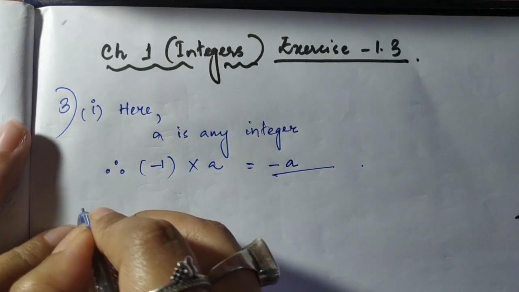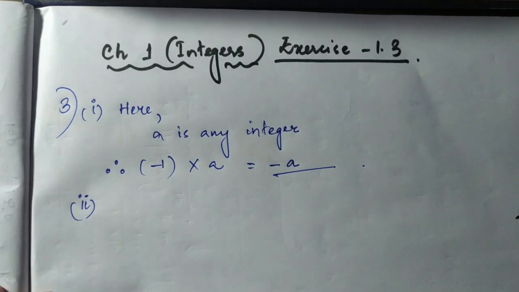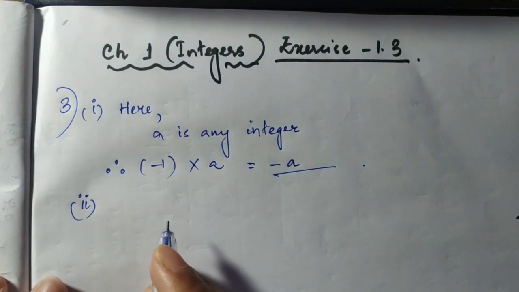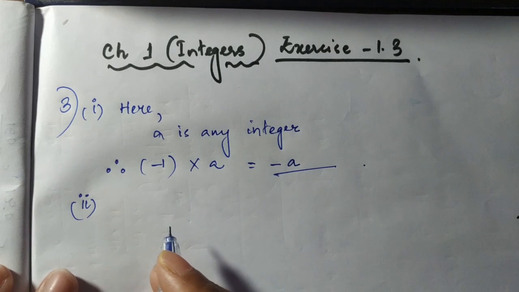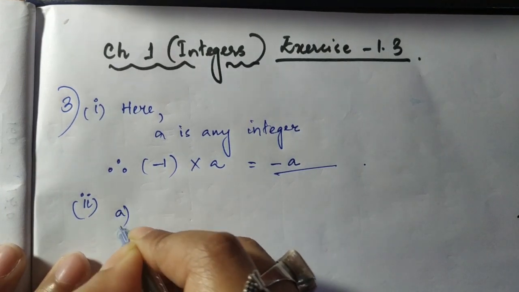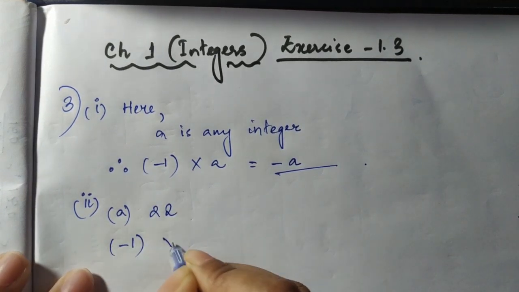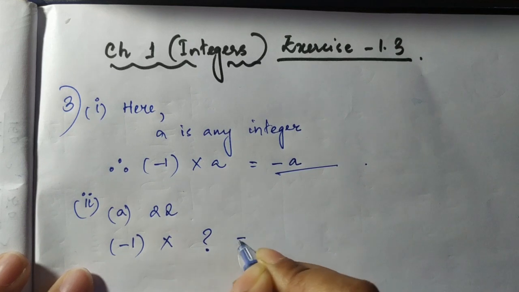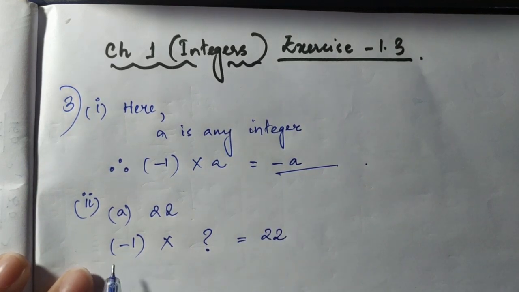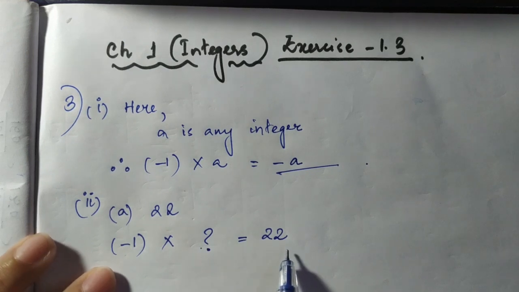Similarly, we'll move on to question number 3.2. It has A, B, C, 3 parts. I'll show one for you. Here it is given: determine the integer whose product with minus 1 is, part A is given as 22. That means minus 1 into what will give me 22. This is a negative integer, this is unknown, and this is a positive integer.